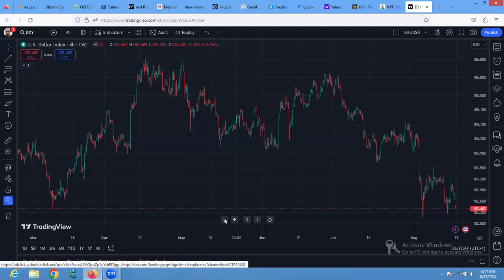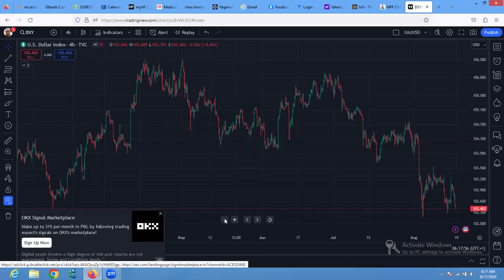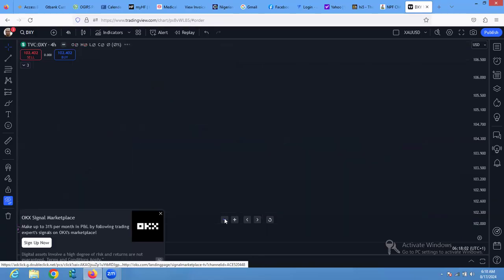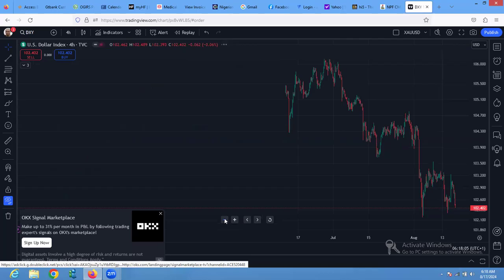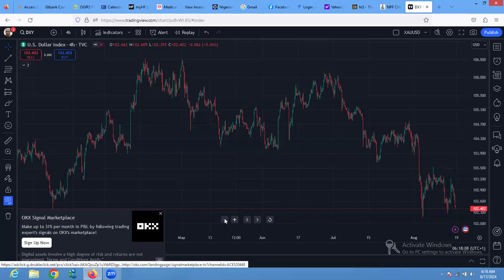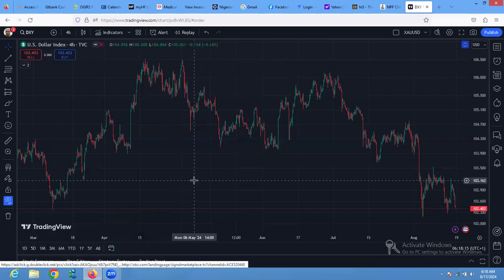Where is this thing going? In the immediate, in the intermediate, and the long term. I think for us to have most of the gain of our trade, where the trade is going in the intermediate and the long term is what we should be looking at. Otherwise, we'll be missing out.